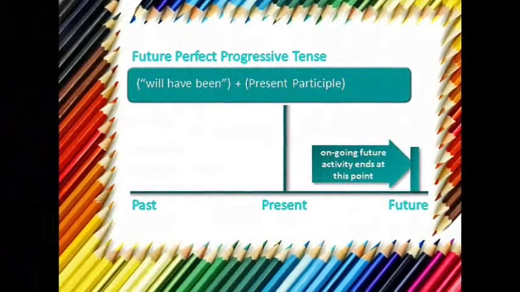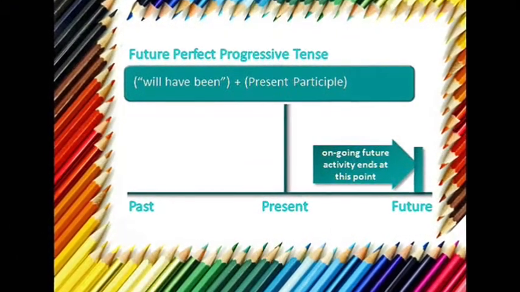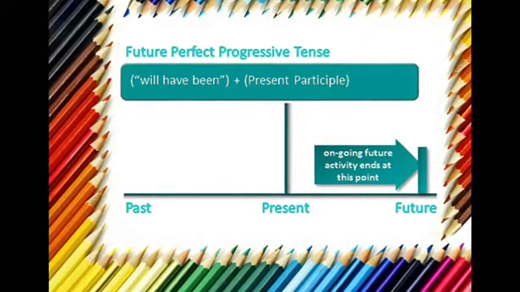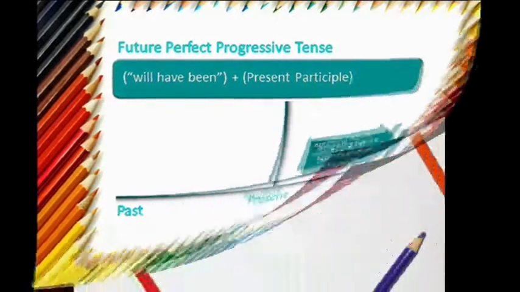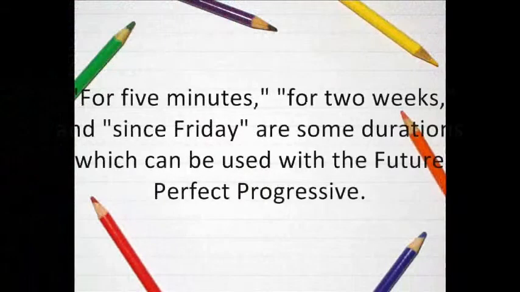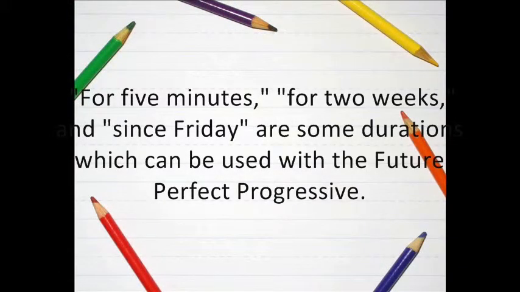In a timeline, the action happens in the present and will be completed at some point in the future. For 5 minutes, for 2 weeks, and since Friday are some durations which can be used with the future perfect progressive.